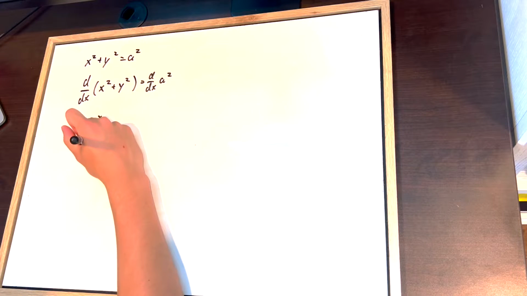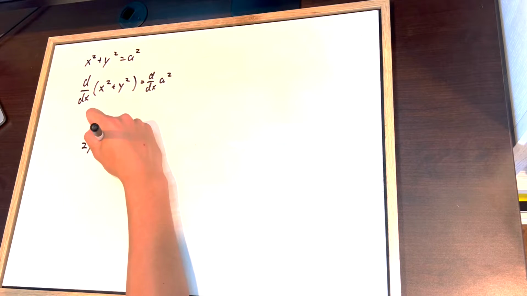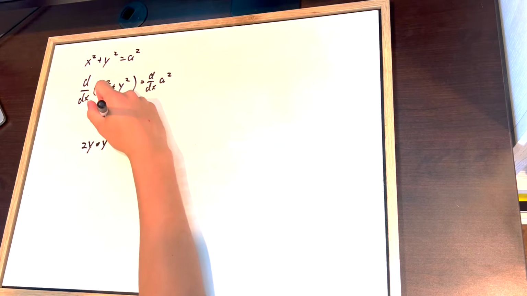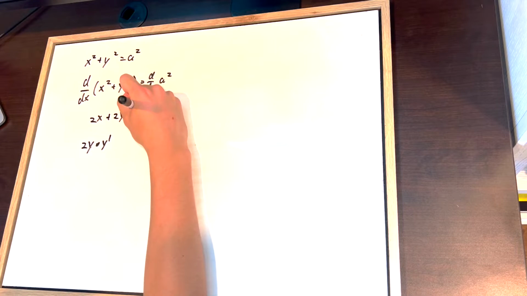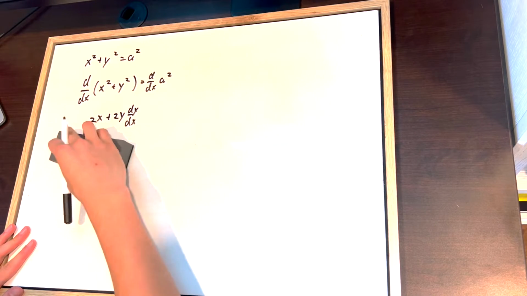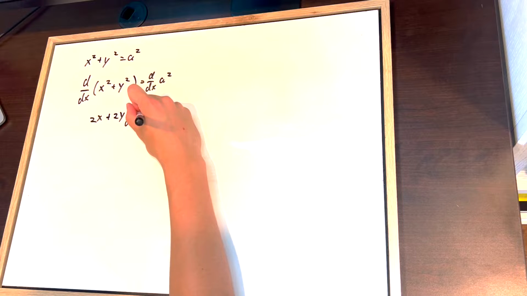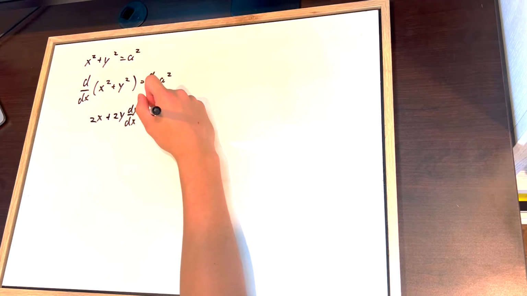We do this by taking 2y times the derivative of y, y prime, or we can write it as dy dx. Since a squared is just a constant, the derivative of a constant is always 0.